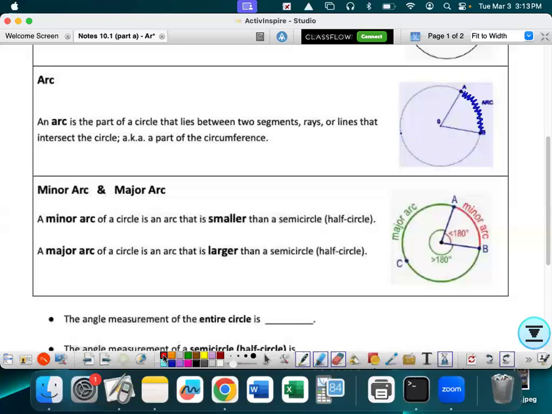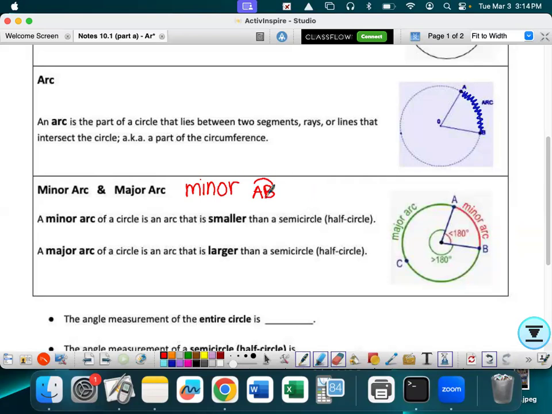I could call that minor arc AB. So I could say arc AB like that. Or just like we have notation for lines and line segments, I could draw an arc over AB, and that would be another way to write that.